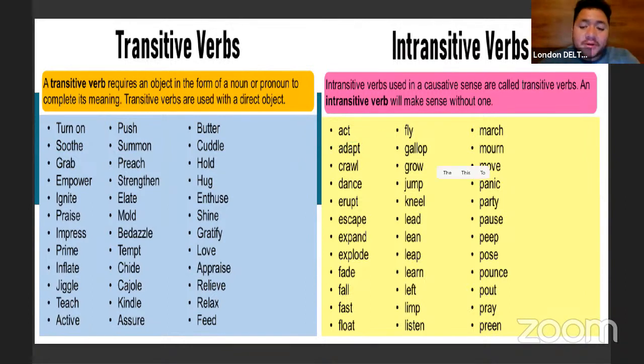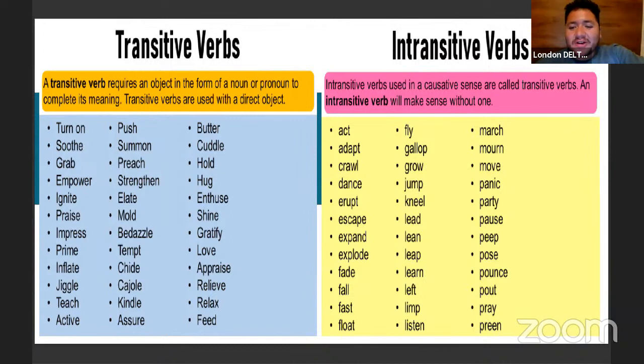If I say, my dad turned on the TV. Mi padre encendió la televisión. Prendió la televisión. So you see the sentence, we cannot say my dad turned on. It will be weird, right?